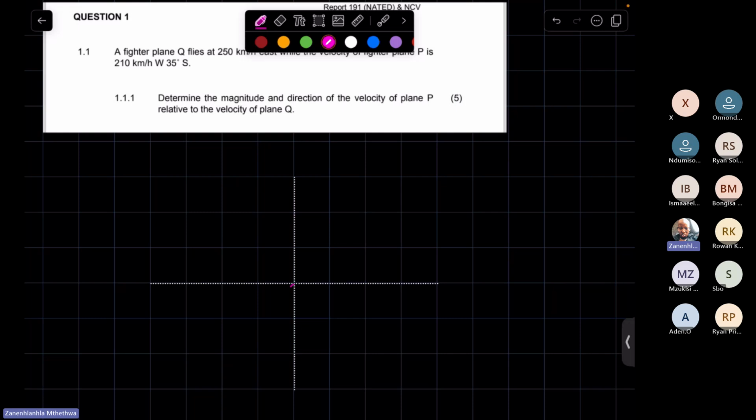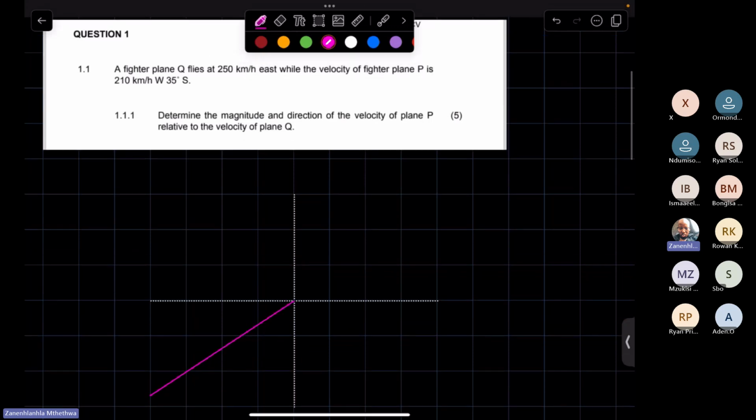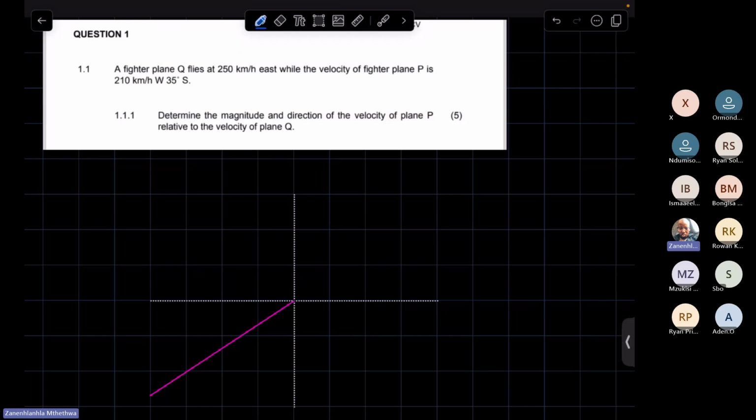So P is somewhere there, say, let's say there. Right, there is P. And then you get Q, which we will draw in a direction opposite the one that we've been given. Q, they said, is going east. So because it's our frame of reference here, we're going to draw it going west.